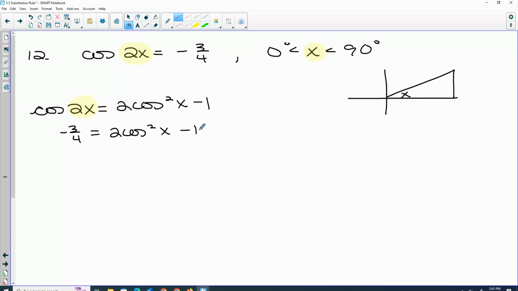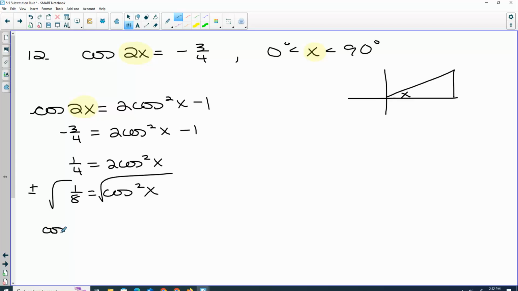So now we solve the equation. So we add our 1, divide by 2. To get rid of a square, we square root, plus and minus, but what quadrant are we in? 1, so we know it's positive.